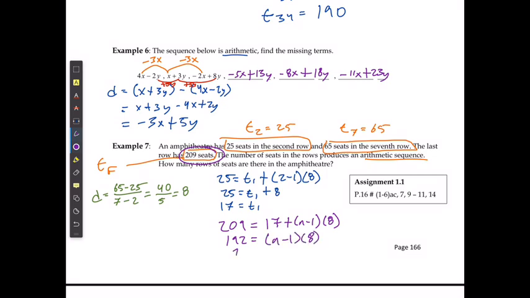Divide by 8, and 24 is equal to n minus 1, and add 1, and 25 is equal to n. There are 25 rows in the amphitheater.